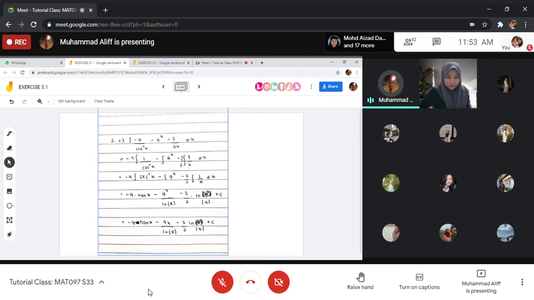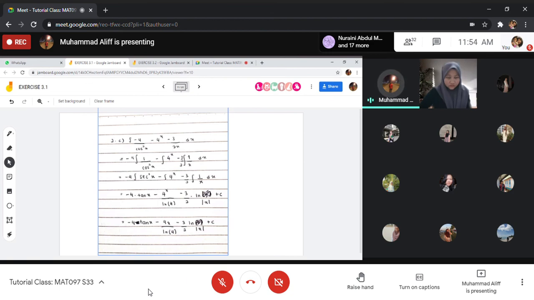First term, negative 4 integrate 1 over cos square x, minus integrate 4 to the power of x, minus 3 over 2 integrate 1 over x dx. Then I simplify the 1 over cos square x to become sec square x.